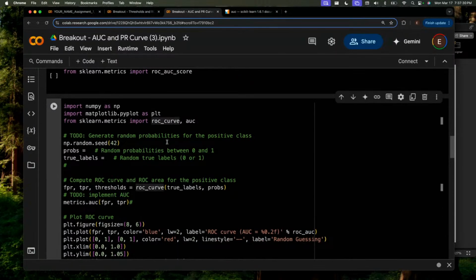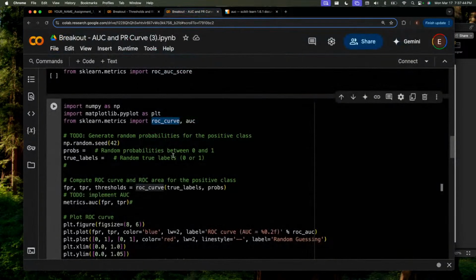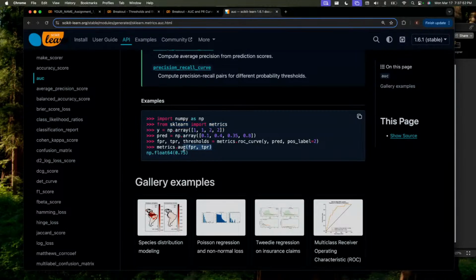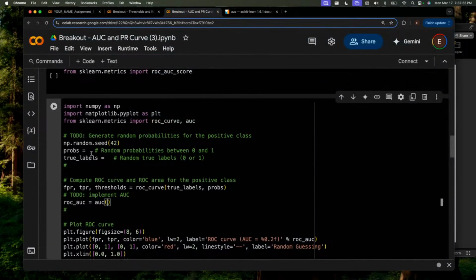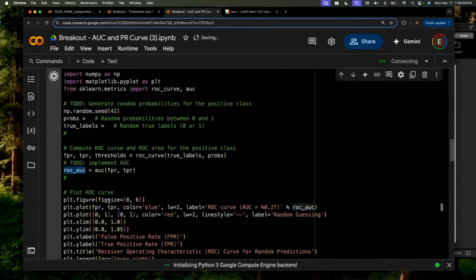There we go. We don't need the metrics, just roc_curve, from metrics. AUC, that was right before, equals auc. And it looks like we're just passing the false positive rate and the true positive rate, which we're grabbing here. There we go. So we should be able to just print this roc_auc.